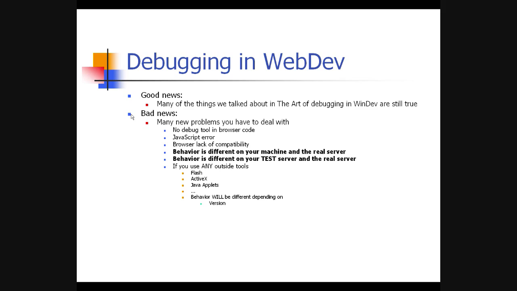New version of Flash, new version of the ActiveX, new version of the Java machine, different version of the Java machine. Will it work with the Sun Java machine or with the Microsoft Java machine? That's really nice. Also, because now you're adding this external tool, is this external tool going to work the same way depending on the browser?